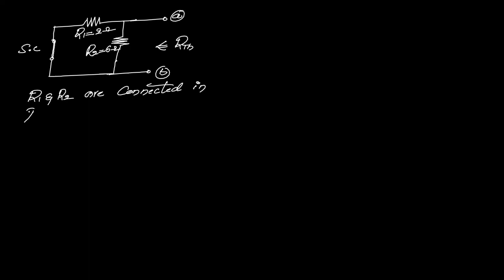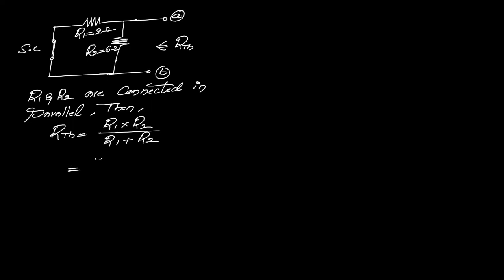Both are connected in parallel. Then the value of RTH across terminals A and B is the product of R1 and R2 divided by the addition of R1 and R2. Clear? That is equal to R1, how much? 2, and R2, how much?